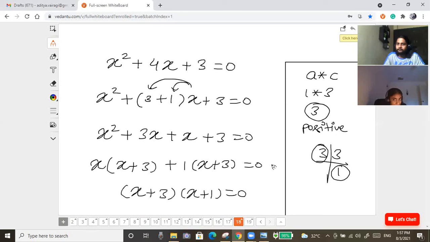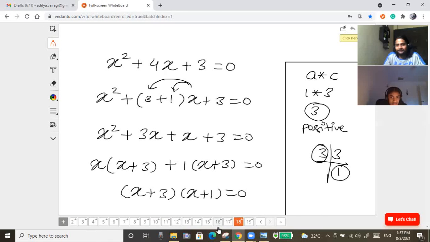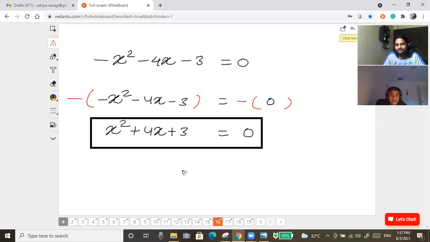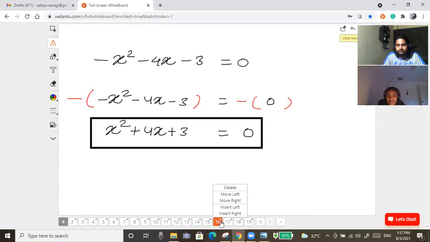I think when you follow this method, there is less margin of error, and that looks perfect to me. I didn't get x squared plus 4x. Yeah, I get it now, but I didn't get it when I did it. Actually, this negative sign got combined here with each term, right?